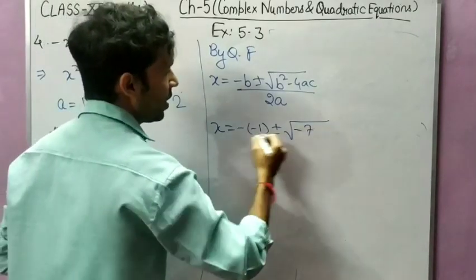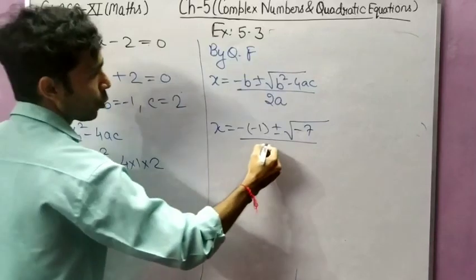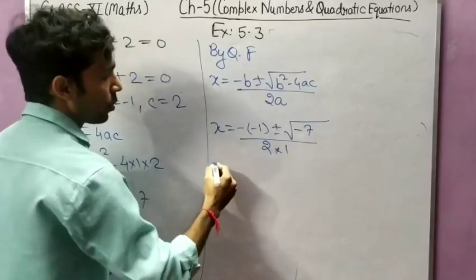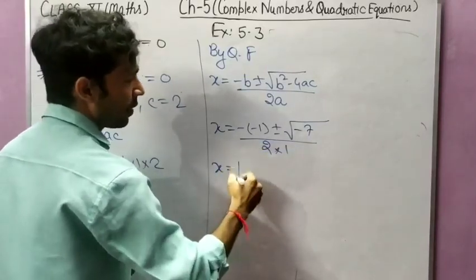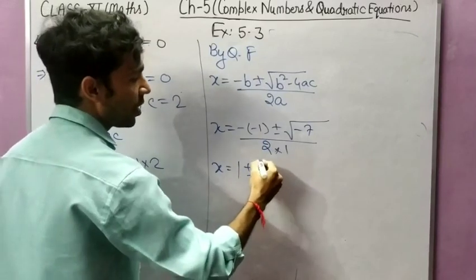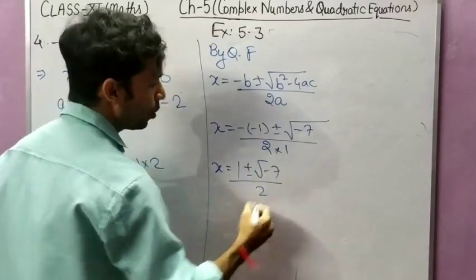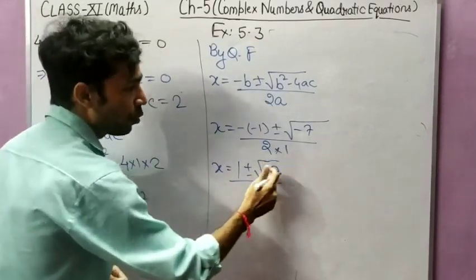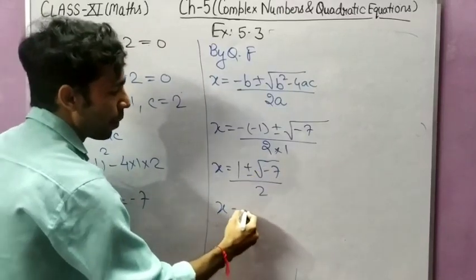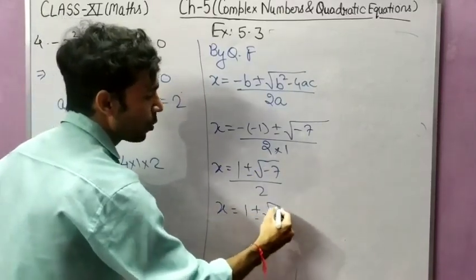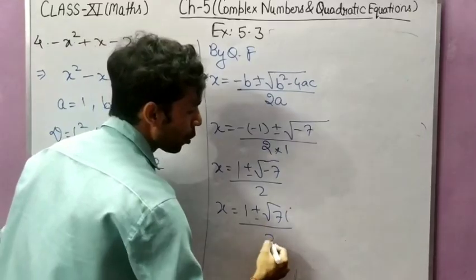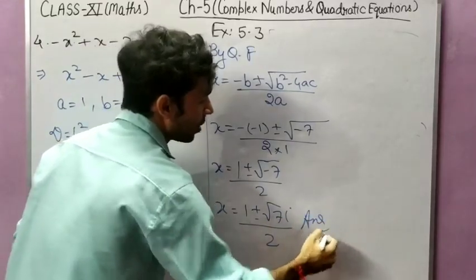So -7 upon 2 into 1. ठीक है. So the value of x will be plus minus under root -7 upon 2. So in place of under root -7 we can write 1 plus minus under root 7i upon 2. So that will be your answer.